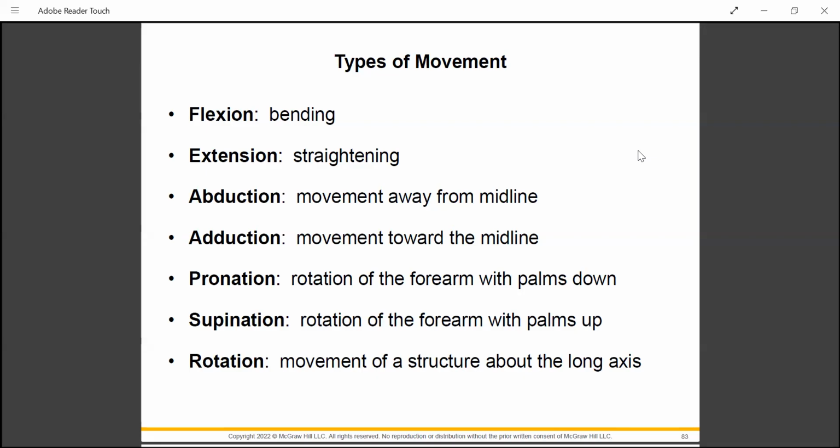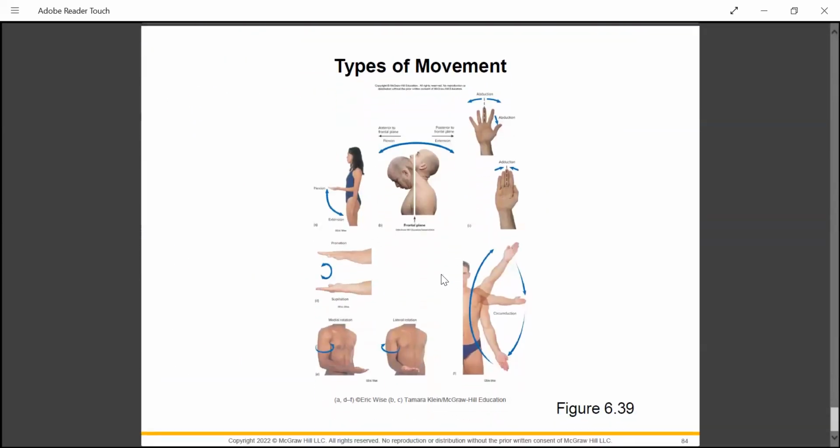One other example, if you put your elbows at 90 degrees and tuck them right by your sides, if you rotate your arms with palms away from each other, that's external or lateral rotation. If you go back towards your belly, that's internal or medial rotation. So this is just a few examples here.